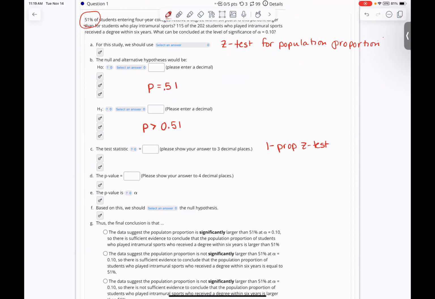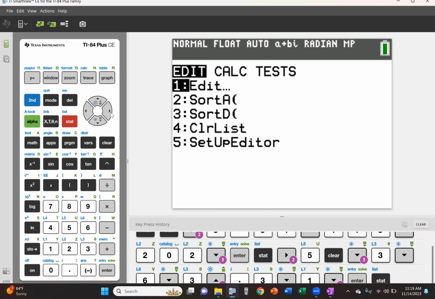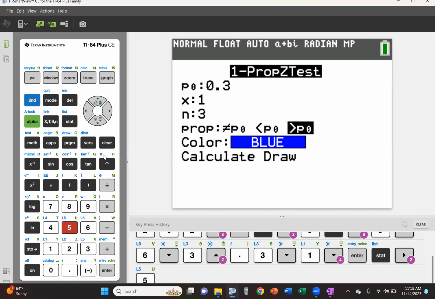So I'm going to share my calculator. Okay, so we're going to conduct a one proportion z-test, which is 5 in our stat tests. And our proportion that we were given was that 51% graduate within 6 years.